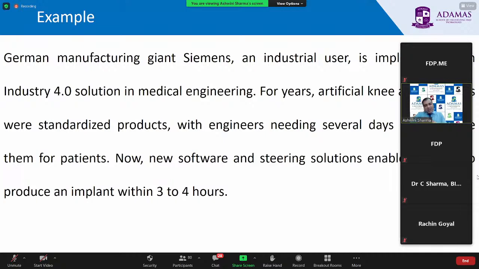So the variability is huge. We cannot imagine that. If we need to customize these implants according to the requirement of the person, then initially it was a standardized product which your body may or may not be able to adopt. But nowadays you can customize it within no time with software, and your implant is ready within 3 to 4 hours.